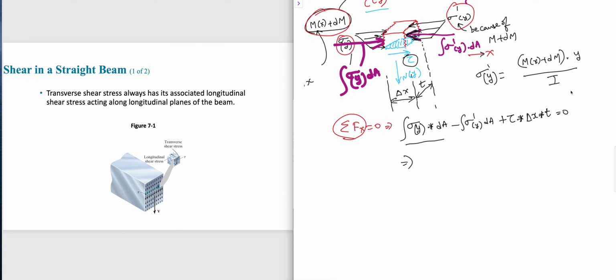Sigma as a function of y is moment as a function of x, because at each x you may have a different moment, right?